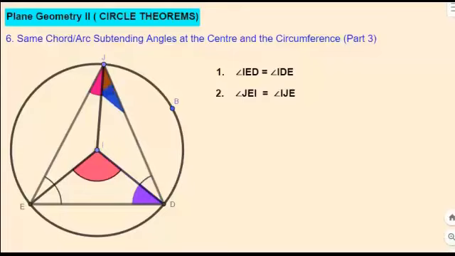See how beautiful it moves and how beautiful it turns. Good. We can see that it also fits equally on angle IJD. This means that these two angles are also equal. That is, angle IJD is equal to angle JDI.